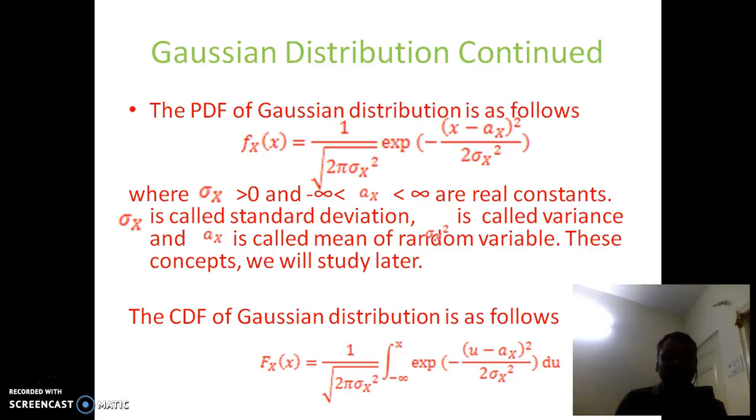The CDF of Gaussian distribution is as follows. Capital Fx of x is equal to 1 divided by square root of 2 pi sigma x squared, integral from minus infinity to small x of exponential of minus (u minus ax) the whole square divided by 2 sigma x squared, du.